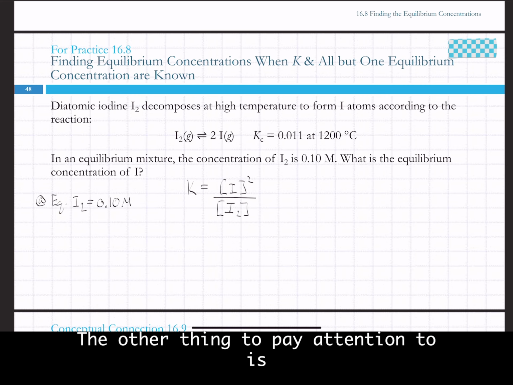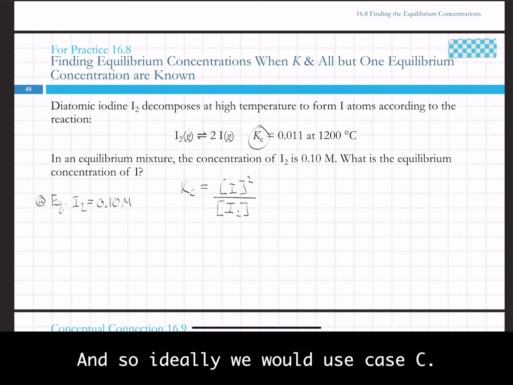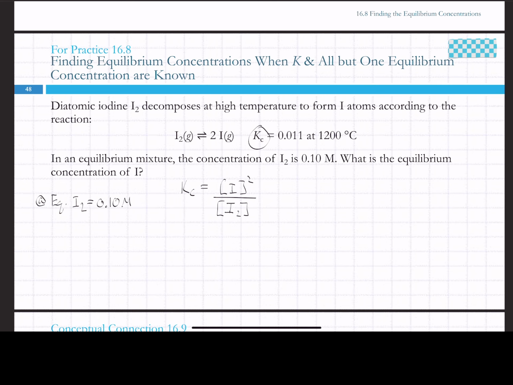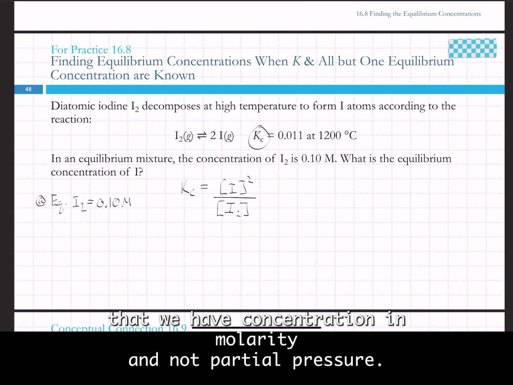The other thing to pay attention to is this is Kc. And so ideally we would use Kc. And because that's Kc, we just have to make sure that we have concentration in molarity and not partial pressure.